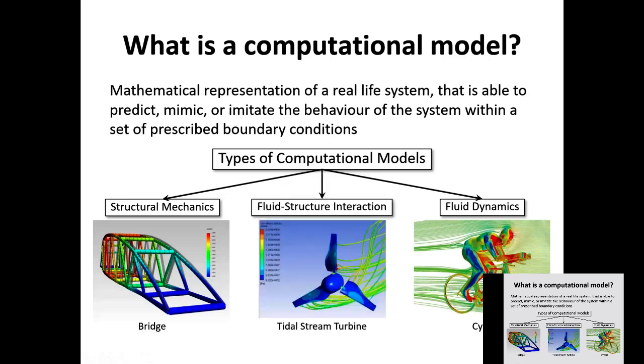And then you have something called fluid structure interaction. Now in here, the fan is something like the bridge. It's a structure, and it doesn't move. Well, even if it moves, we can track its movement, but its shape doesn't change.